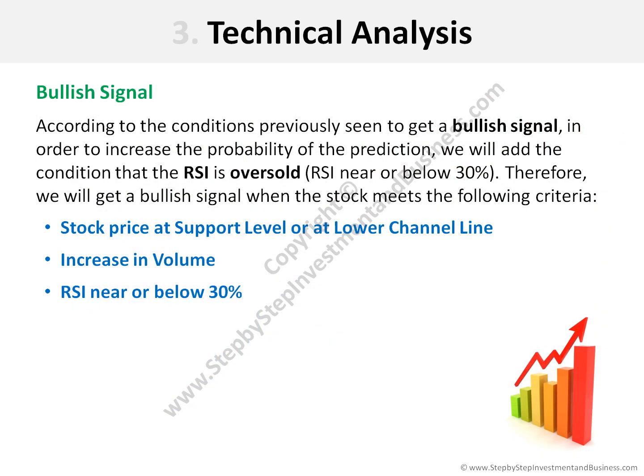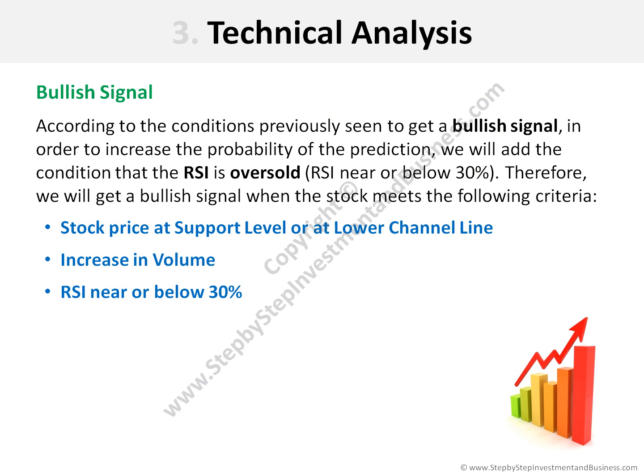So, according to the conditions previously seen to get a bullish signal, in order to increase the probability of the prediction, we will add the condition that the RSI is oversold, that is, RSI near or below 30%.